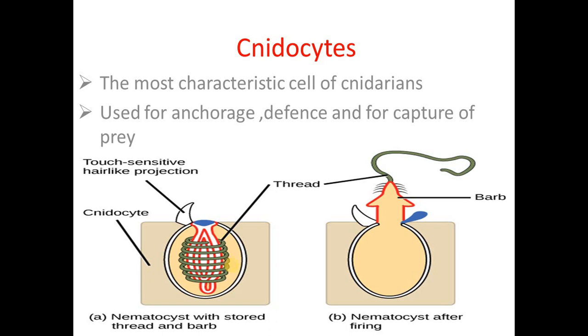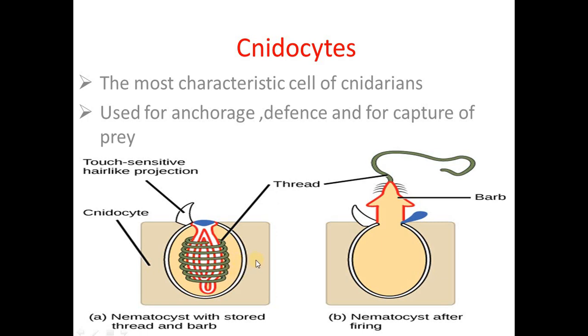These specialized cells bear a nucleus which is present near its base and is called the basal nucleus, and the stinging capsule, called the nematocyst. The capsule is filled with poisonous fluid called hypnotoxin, which is injected with the help of a thread-like tube structure.